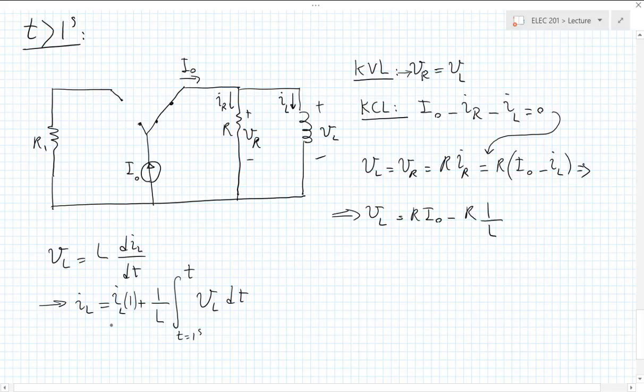The initial value. So I'm just replacing minus R times IL, which is IL of 1 plus this.